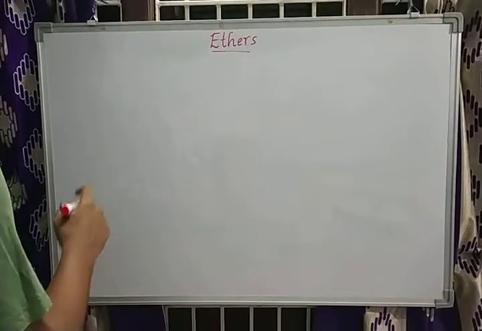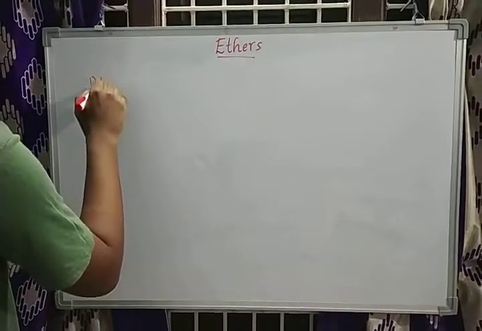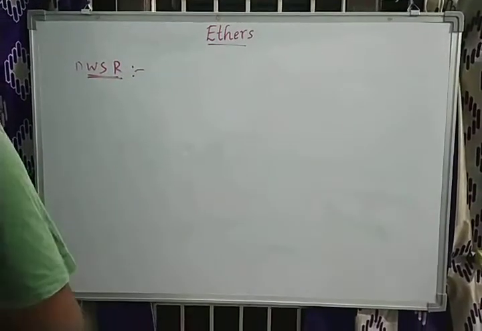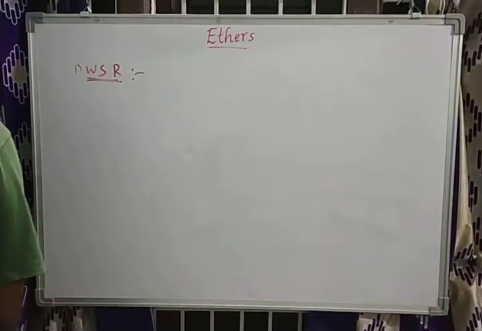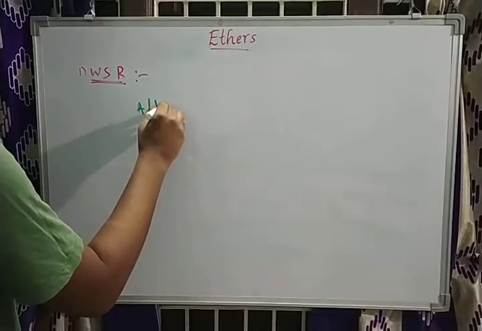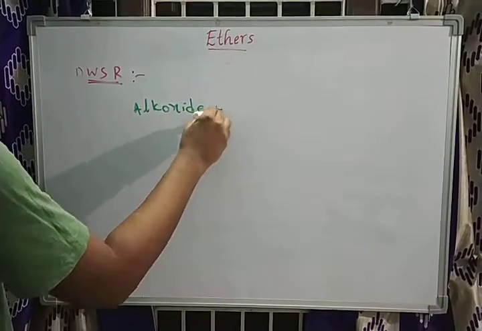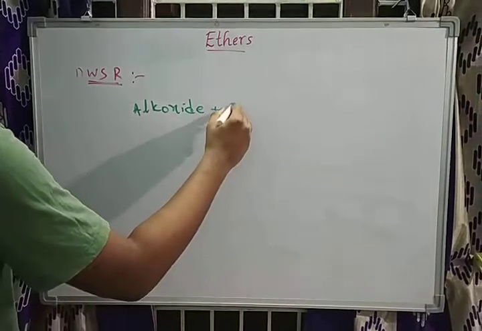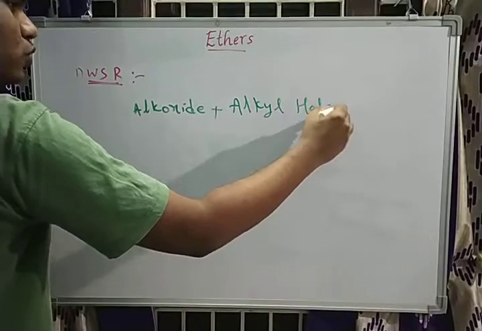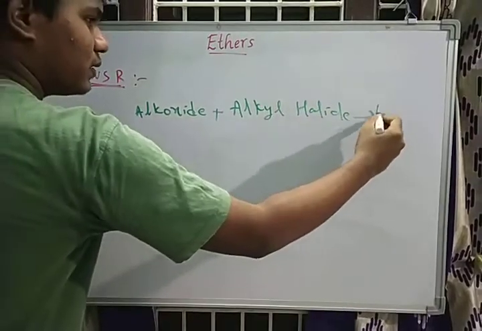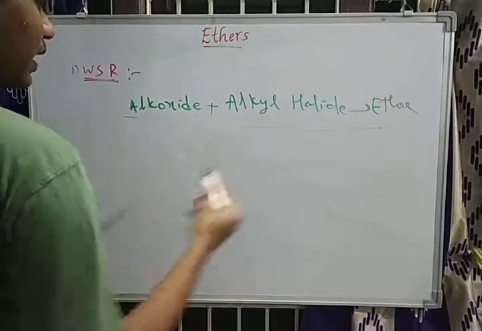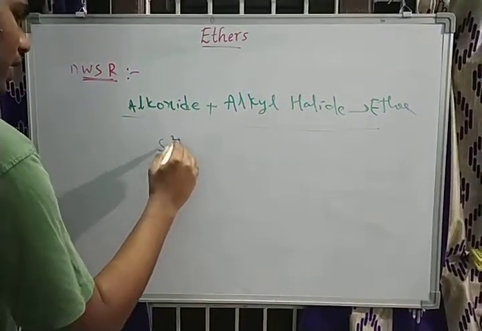Coming to preparations, first one is the Williamson synthesis reaction, WSR. In this, first we take an alkoxide. Upon reaction with alkyl halide it gives you ether, and this reaction follows the SN2 mechanism.